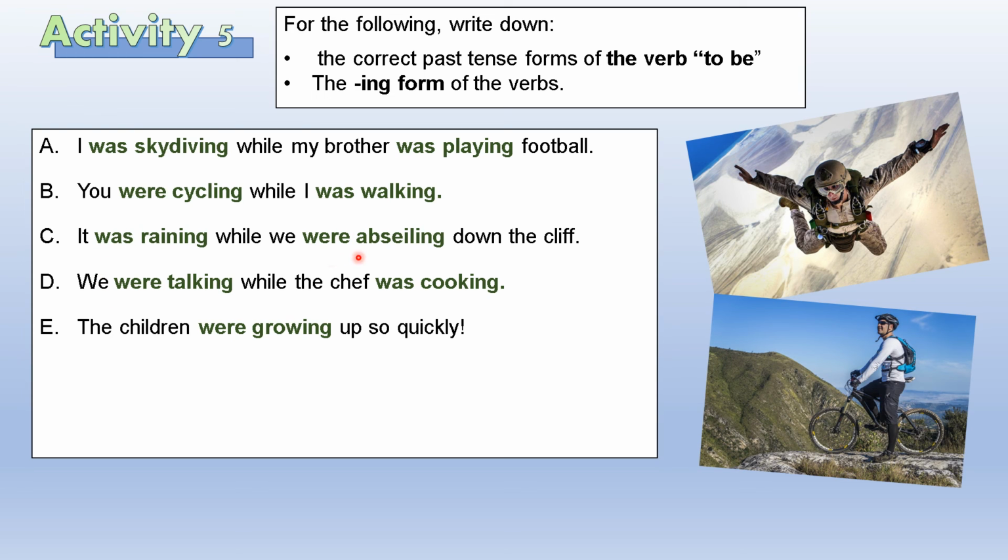C, it was raining while we were abseiling down the cliff. D, we were talking while the chef was cooking. And E, the children were growing up so quickly.